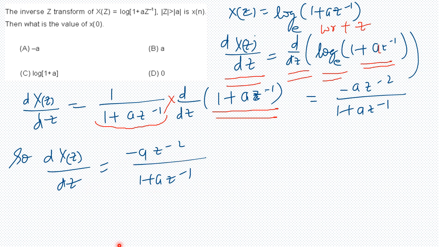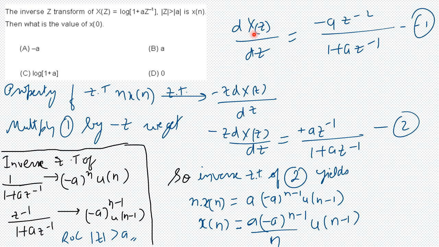Now we try to use some property of the z transform which may hold here. So let us see what we can do. I'll write this expression again on the next page. dX over dz is minus a z power minus 2 over 1 plus a z inverse. This is what we got by differentiation.